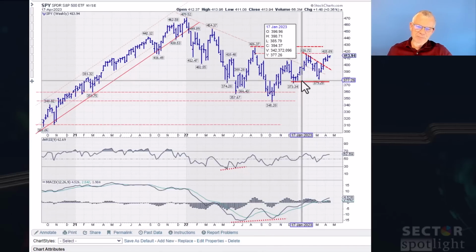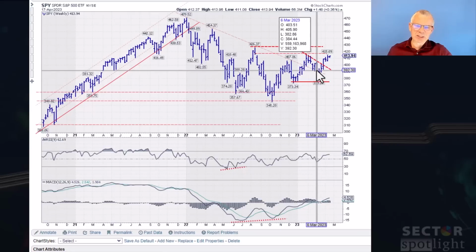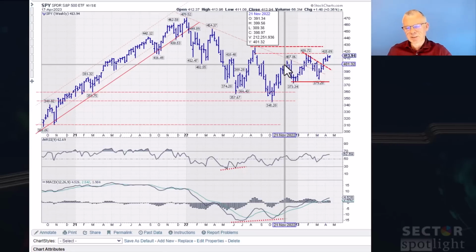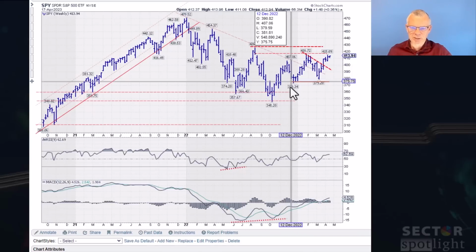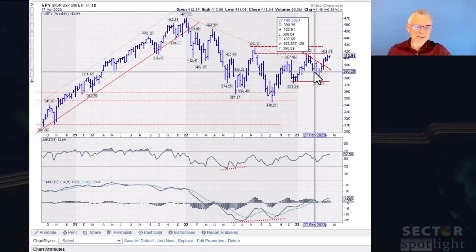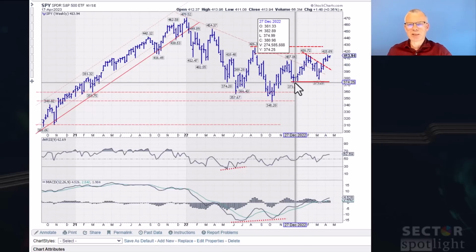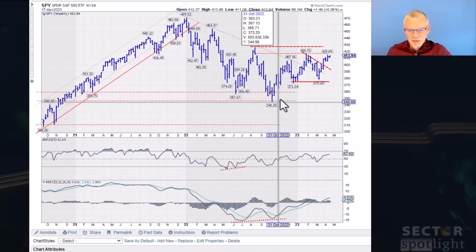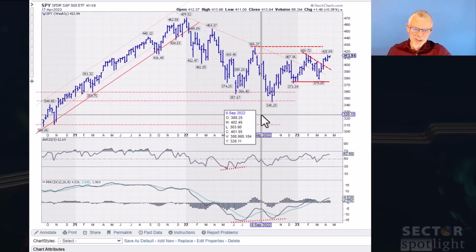But you sort of want to see that low come in right here, that old resistance. You want to see it act as support. You want to see that trend building. That didn't happen. But what also did not happen was that we broke that previous low. So the series of higher lows is still intact.